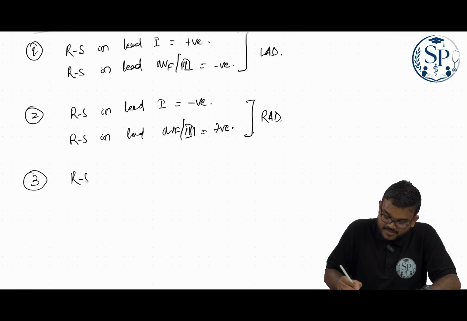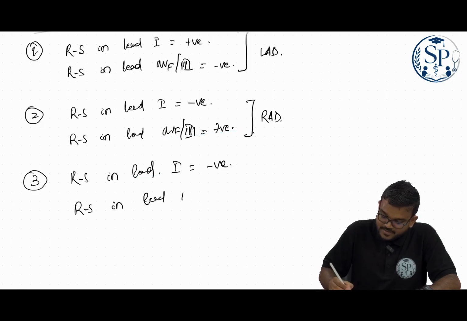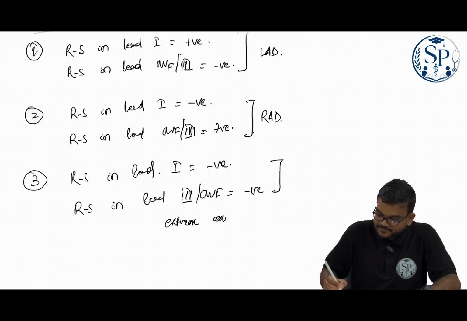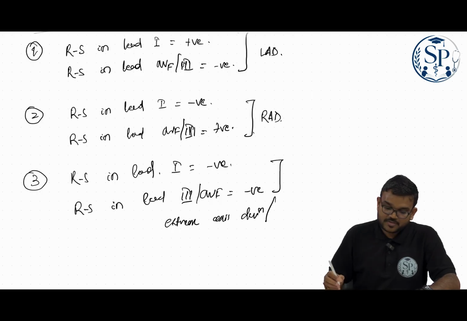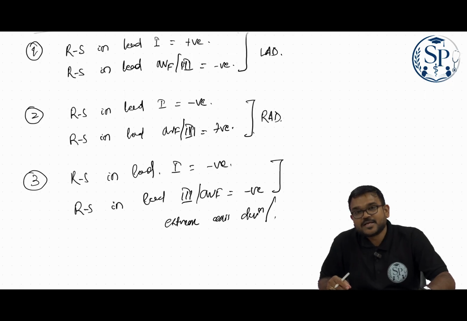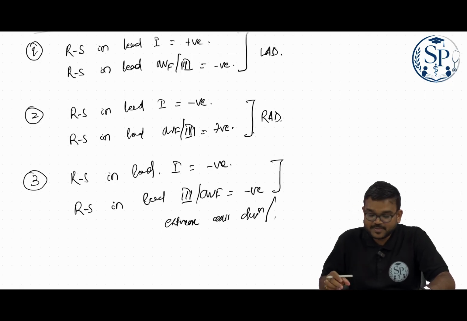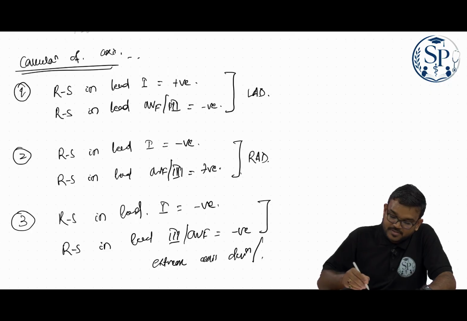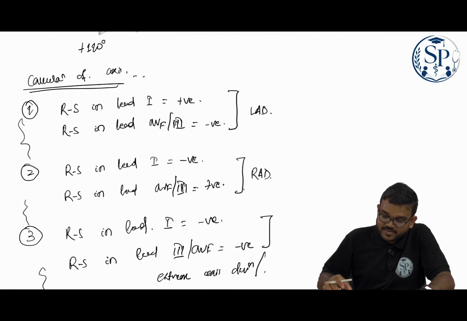If the R minus S in lead 1 is negative and the R minus S in lead 3 or aVF is negative, then it is extreme axis deviation or northwest axis deviation. So let us discuss with the ECG paper directly while discussing the concepts from here. Okay.